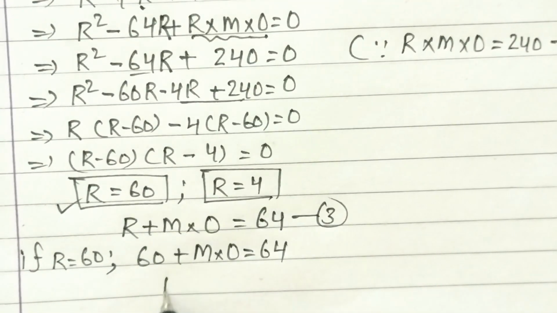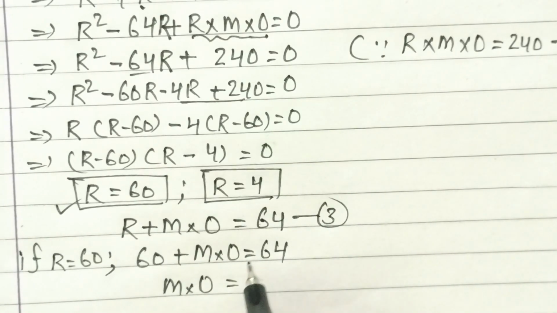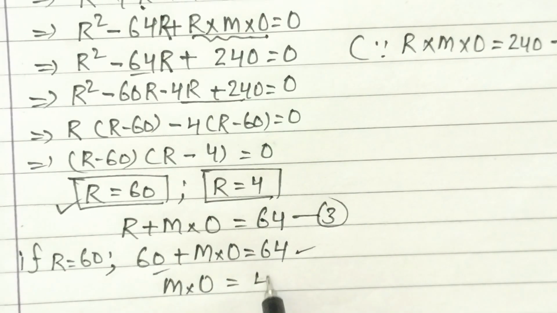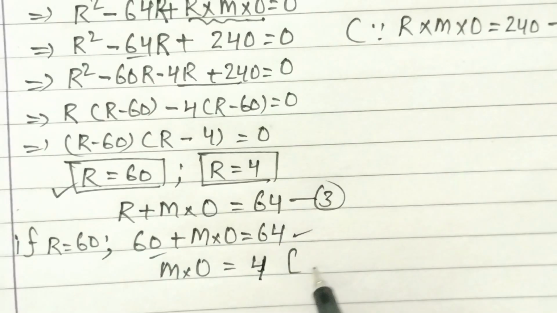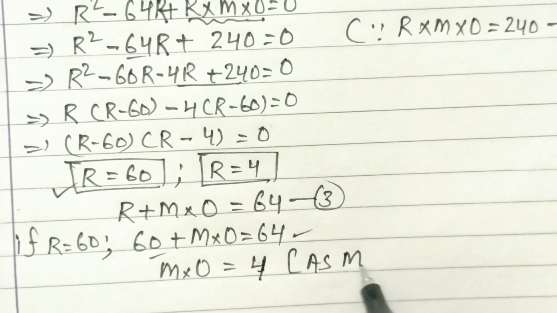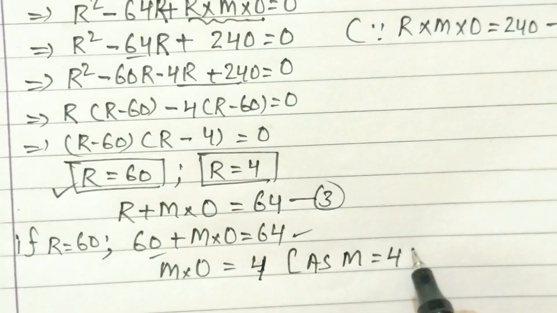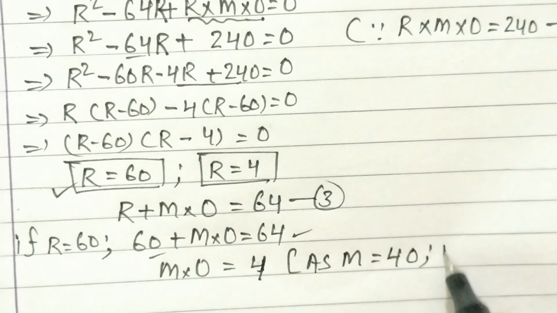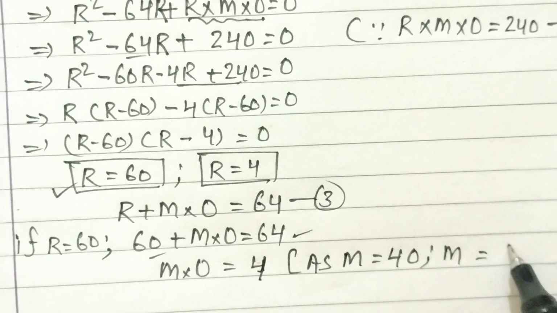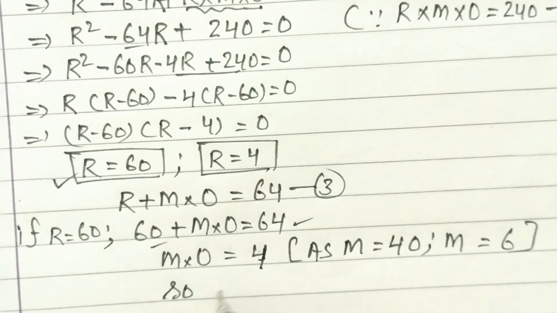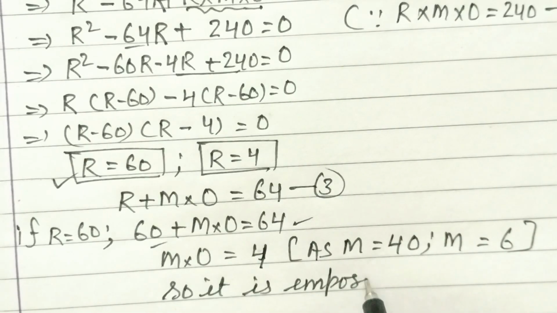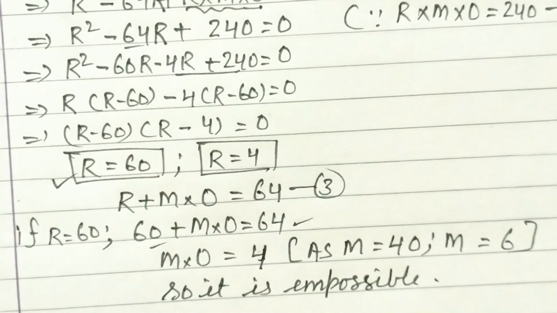So M times O is equal to 4. But M is equal to 40 and M is equal to 6, so it is impossible. We will not accept this.